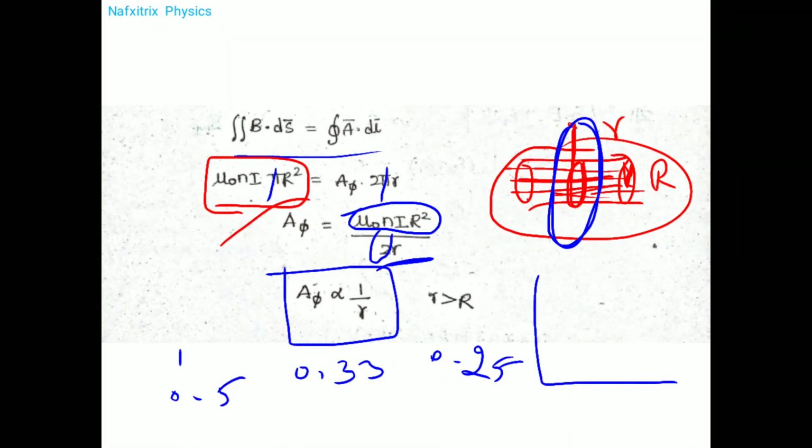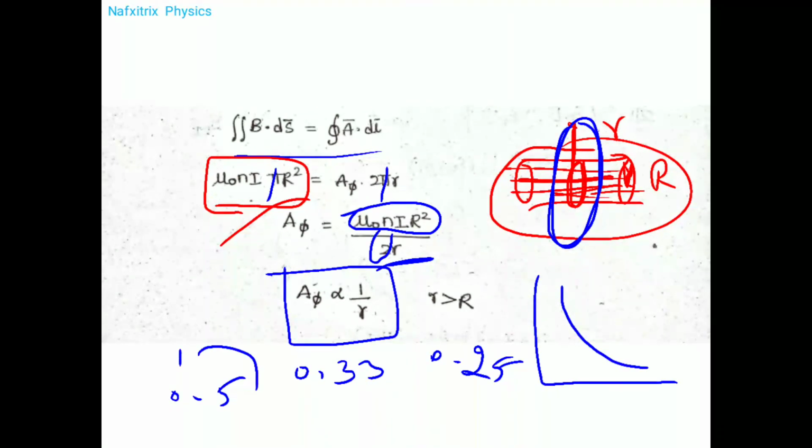So it is nearly reduced to half from here to here. Like this graph you would get when it is outside the solenoid, A phi versus r. As r is going on increasing, A is going on decreasing.